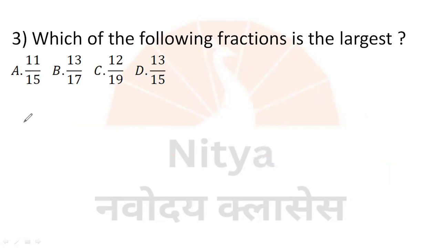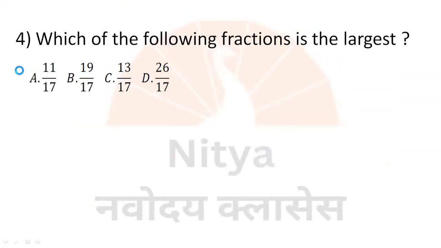Next one. Fourth. Which of the following fractions is the largest? Okay, largest fraction, but see here, these are like fractions because the denominators are the same in all the fractions.